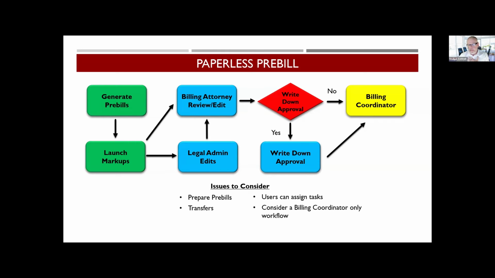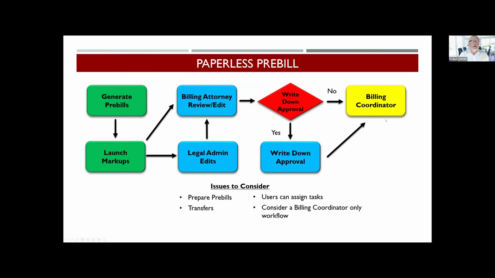And then another thing that I recommend is that you consider creating a billing coordinator only workflow. Essentially what that means is instead of using these workflows, you create a workflow that puts it into workflow, but sends it to the billing coordinator.